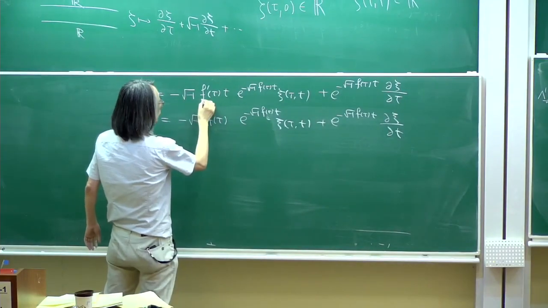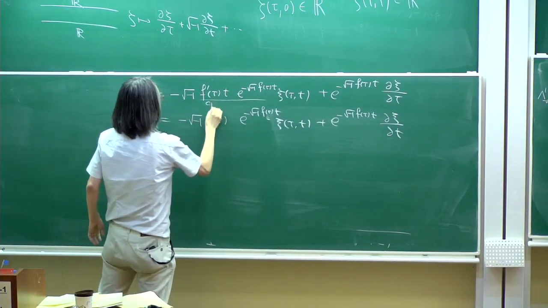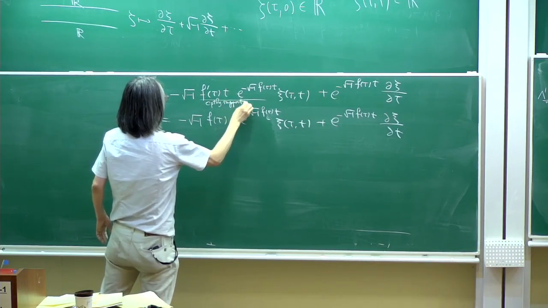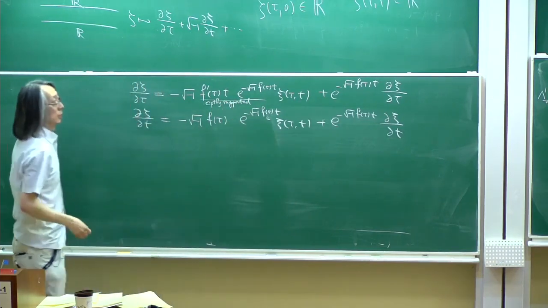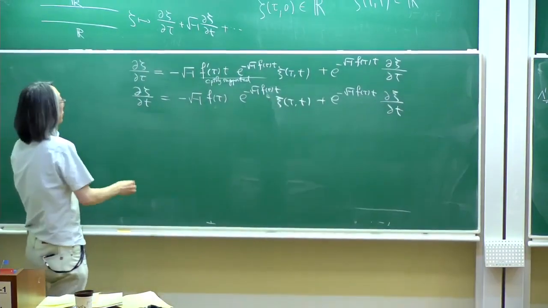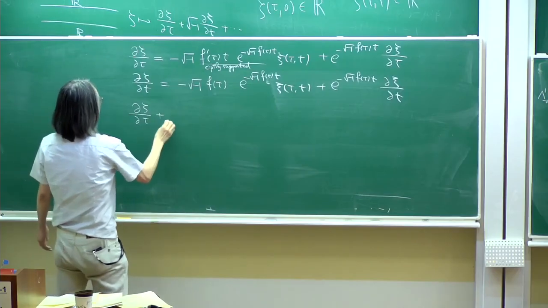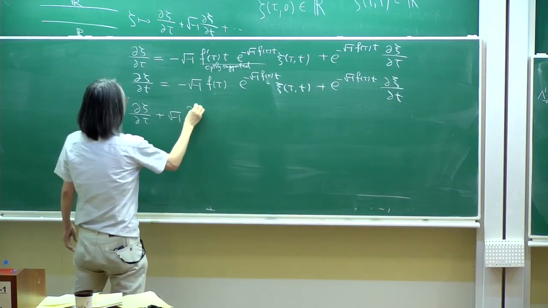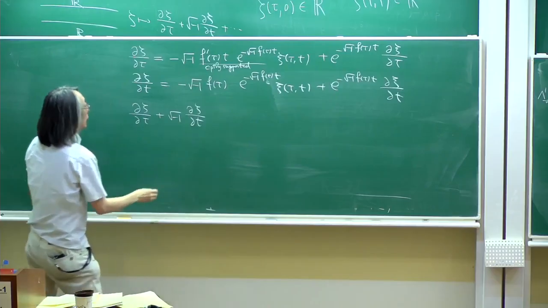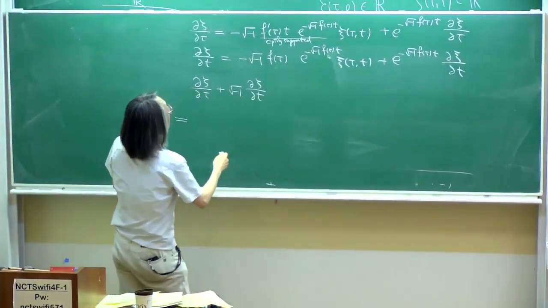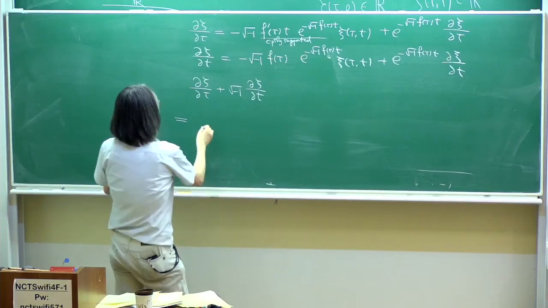This is a compactly supported function. But this one is not. So if I do this d theta d tau plus square root minus 1 of d theta dt, and then this one is equal to, maybe this is not enough, but okay.